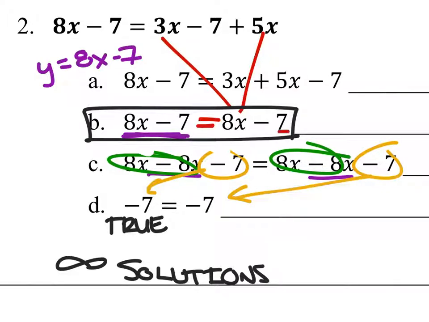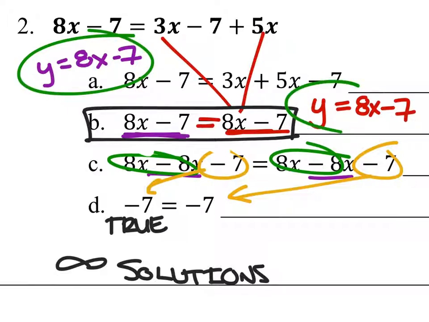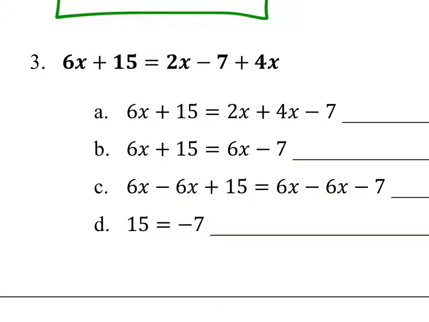And on the other side, we've got 8x minus 7, which we could write as y equals 8x minus 7. See how we have two equations that are the same? What we learned last time is that when we have the same equation, it's the same line if we were to graph it, so it has infinite solutions.